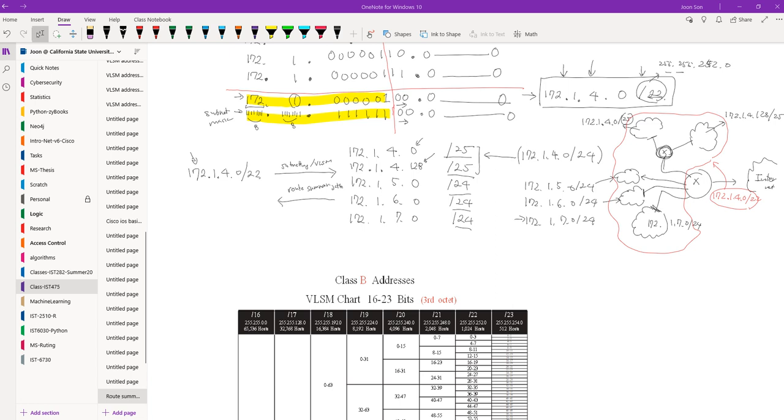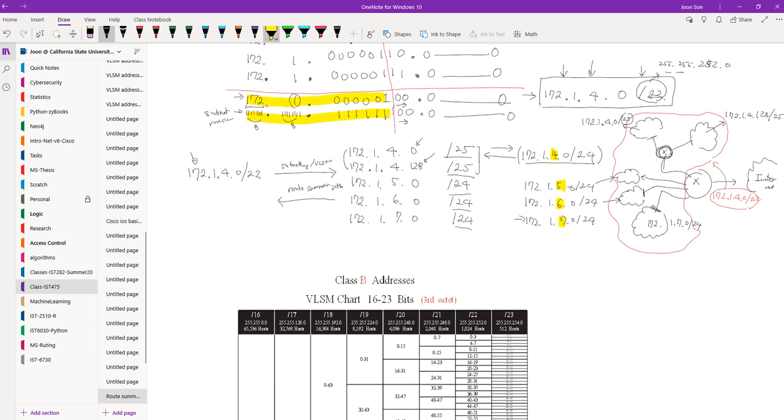Okay, so if you look at this Class B VLSM chart, first of all, I know that these two of them can be summarized as this /24, basically, right? Now, if you look at this, what is really interesting, the octet is 4, 5, 6, and 7, right? So I know that my common bit is at least greater than 16, less than 24, right?